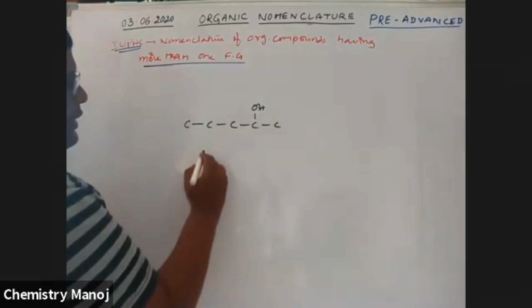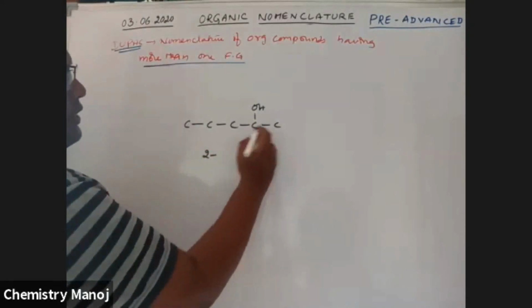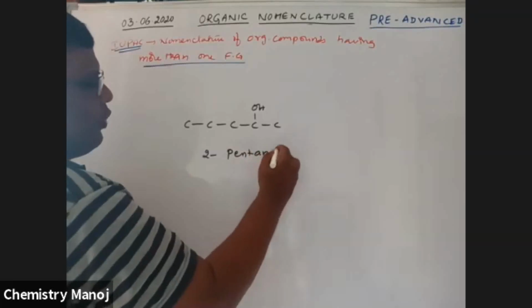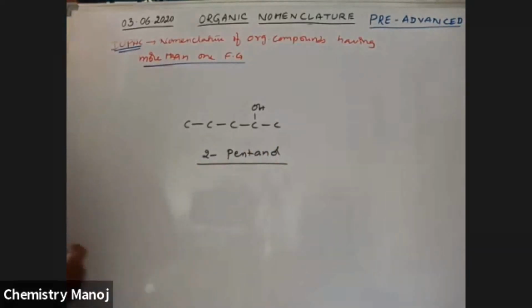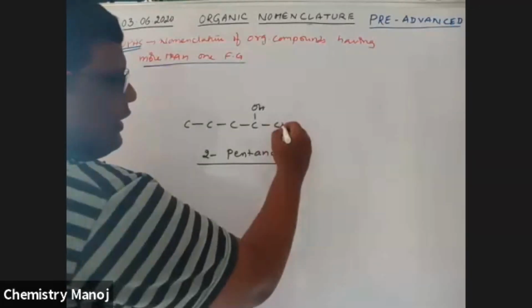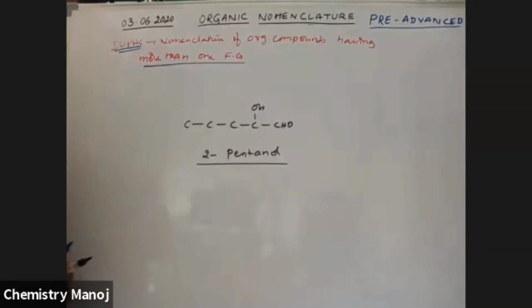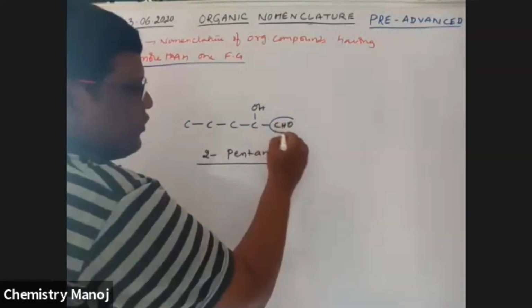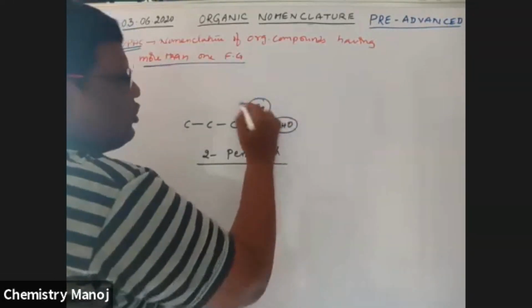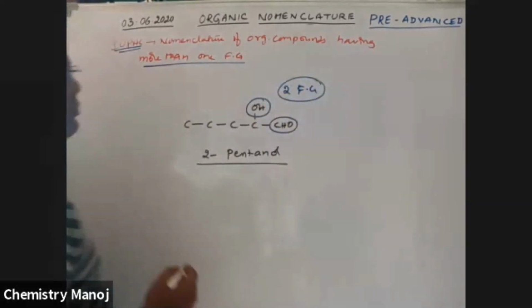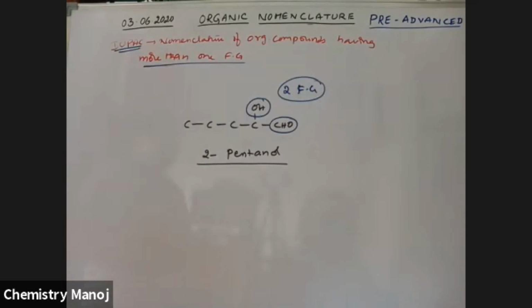The name of this compound: 1, 2, second position, 1, 2, 3, 4, 5, pentanol. It is 2-pentanol. Now I am taking this one as a CHO. Now there is a CHO functional group and an OH functional group. Here two functional groups are there.